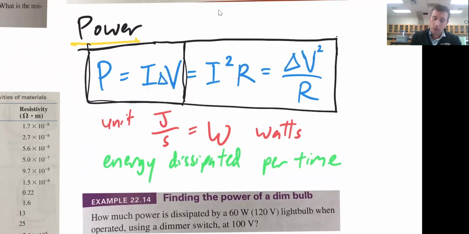And then we can use Ohm's law and substitute in for current or substitute in for voltage. And when we substitute in for current or voltage, then we can find some other options. So if I have current times voltage and I'm going to sub in for voltage, I could use V equals IR.